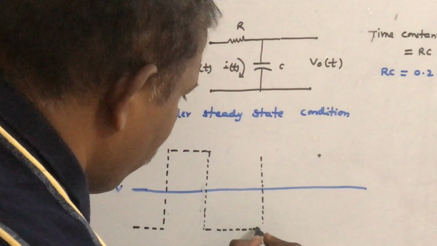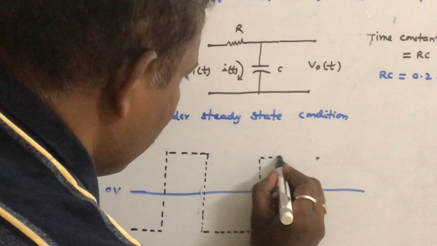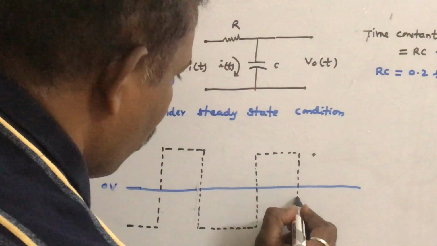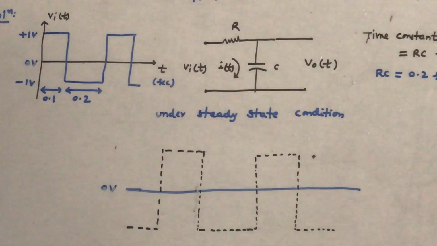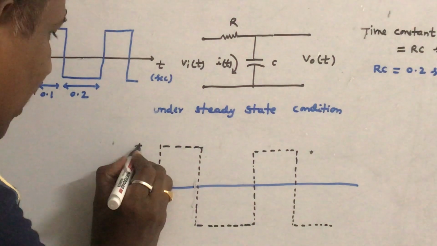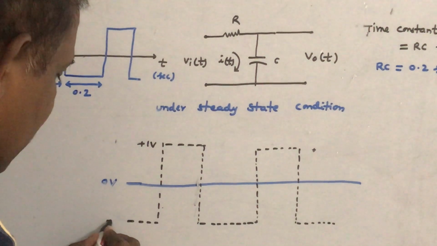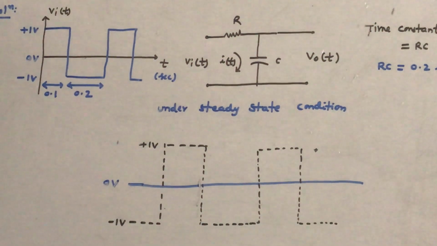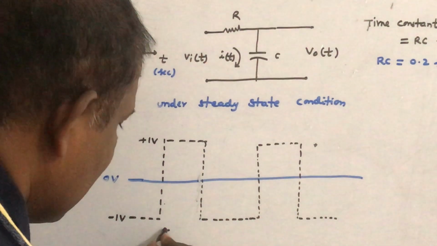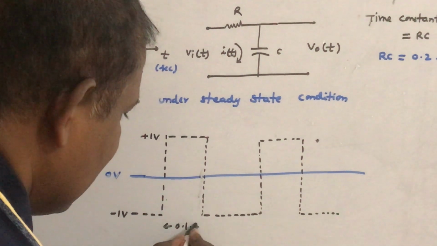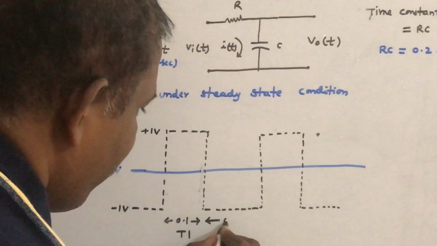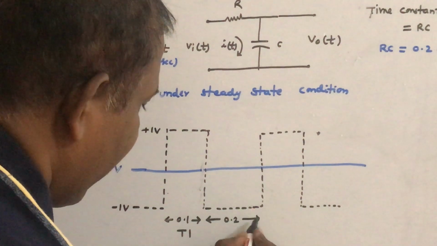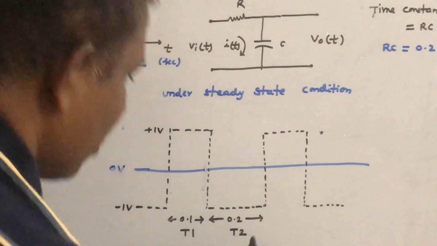Approximately draw this, something like this. This is plus 1 volt and this is minus 1 volt. This duration is 0.1 seconds, let us call this time t1. This duration is 0.2 seconds, let us call this time t2.